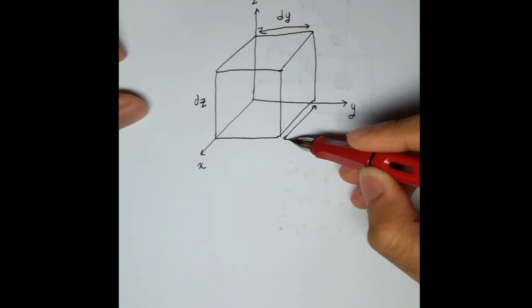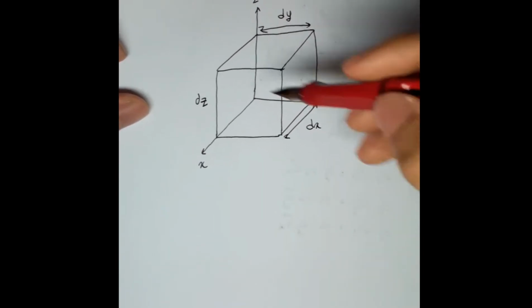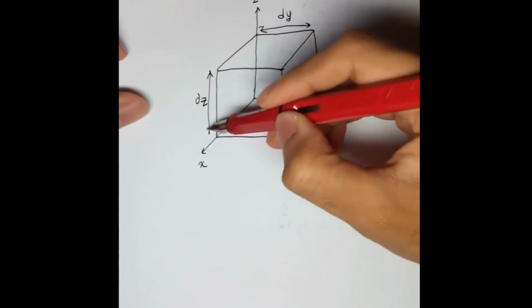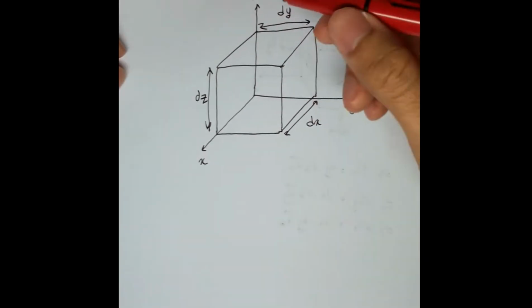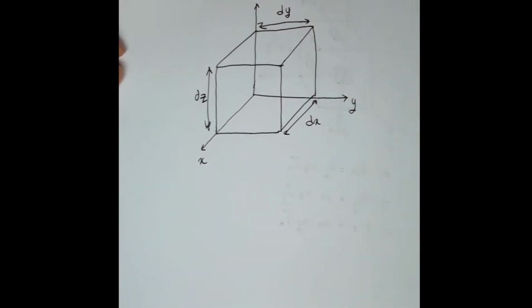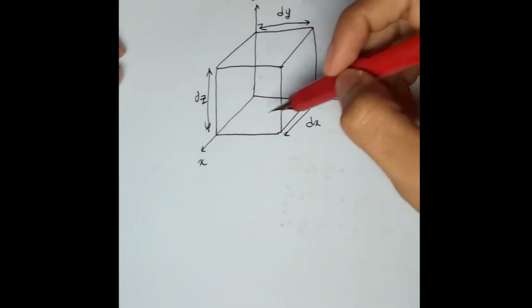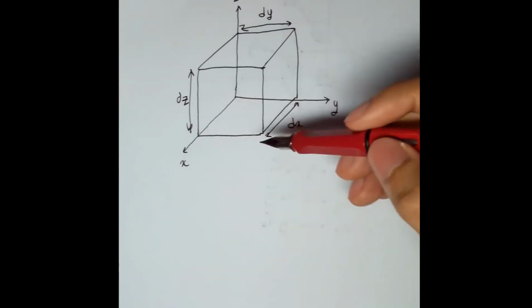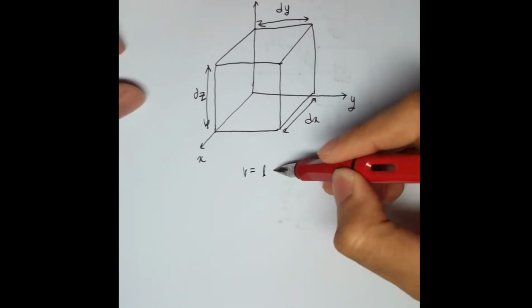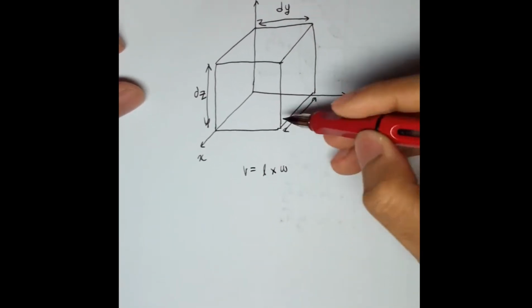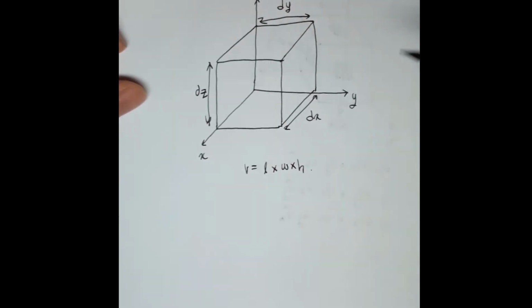Here is the differential length of x. So we just use the usual formula for calculating the volume of a cube, that is length times width times height.